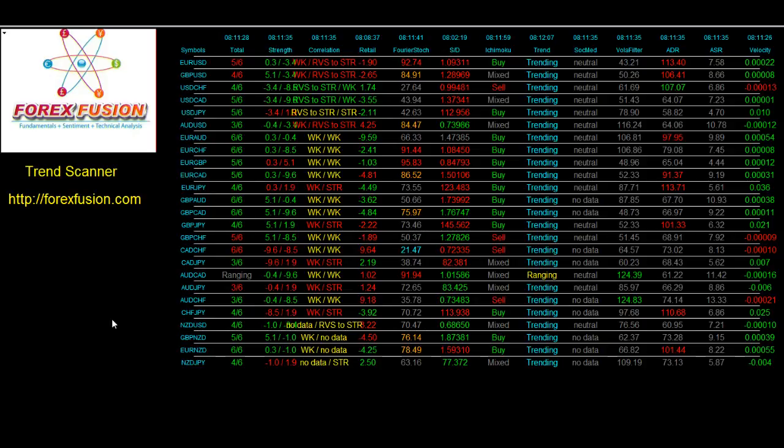First of all, our scanner dashboard, as you can see, is color-coded, so it's easy to see when you have green or red conditions. On the left-hand column are the symbols. If you just look across the rows for each pair, each instrument, it's easy to see in a color-coded way whether that instrument has a heavy bias for a buy, which would be green, or a sell, which would be red.